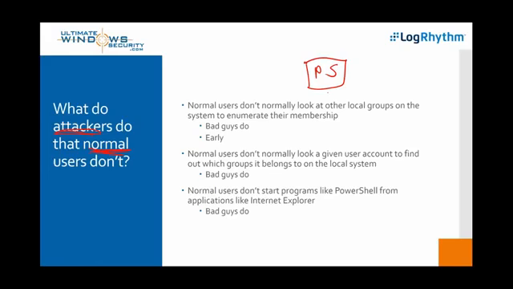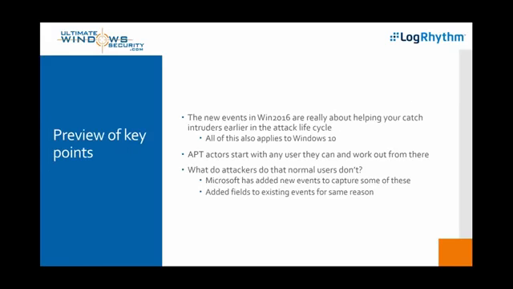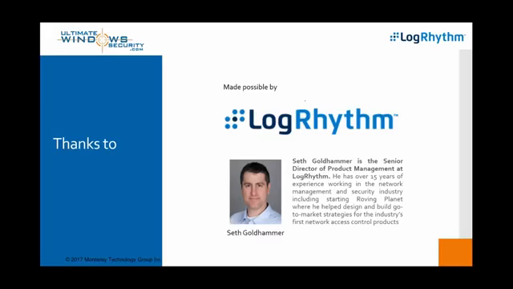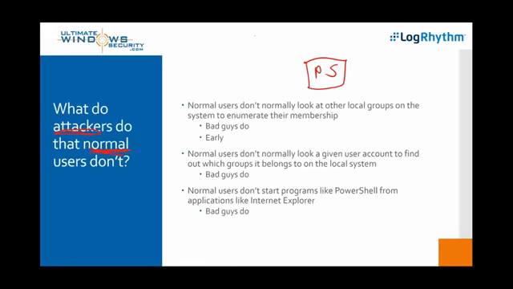But if we see PowerShell started from the start menu, okay, we might still be interested depending on what kind of user Bob is. But if we see something like this, where, who do I want to use? Yeah, Internet Explorer started PowerShell. Okay, now I'm starting to get nervous.